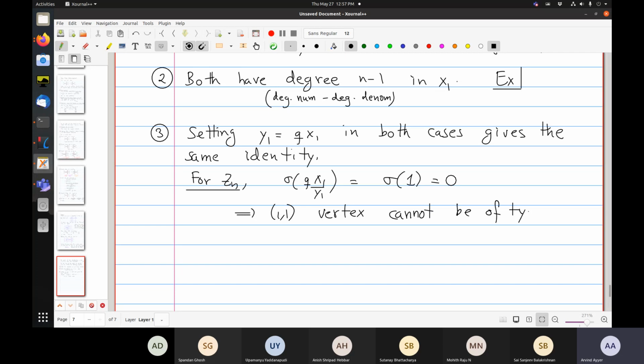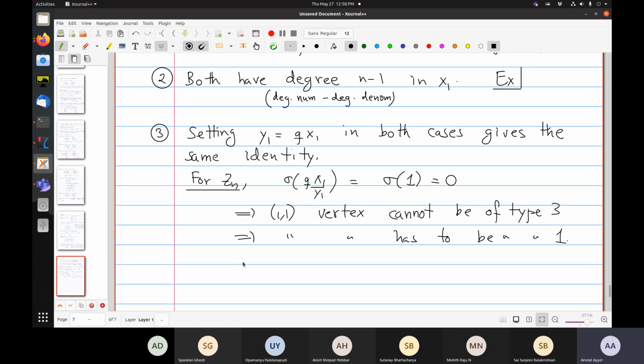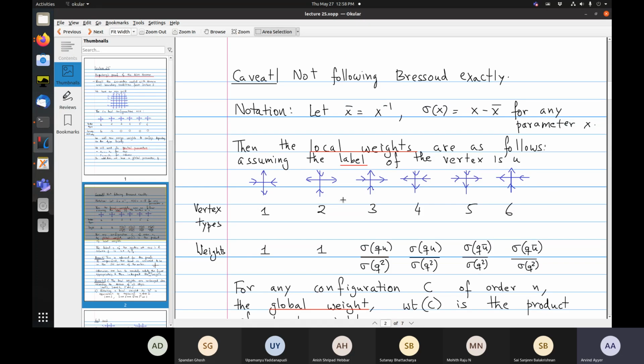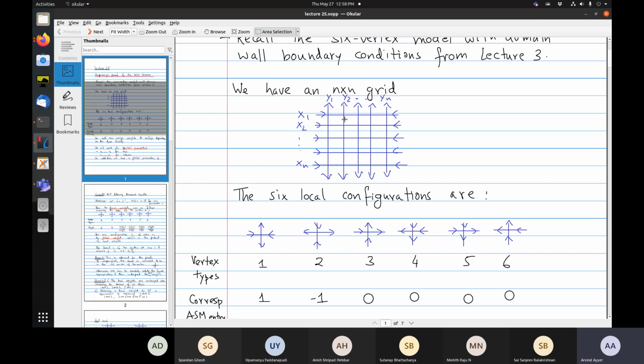So it has to be of type 1. So in other words, it's like putting a 1 in the first row and first column of the ASM. Then the other vertices in the first row and first column are frozen.